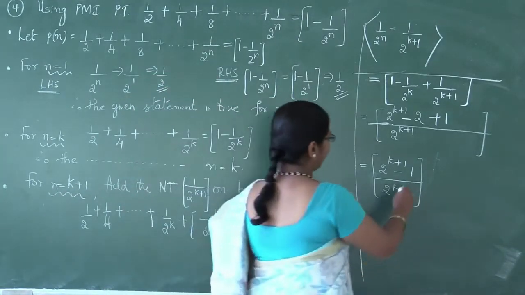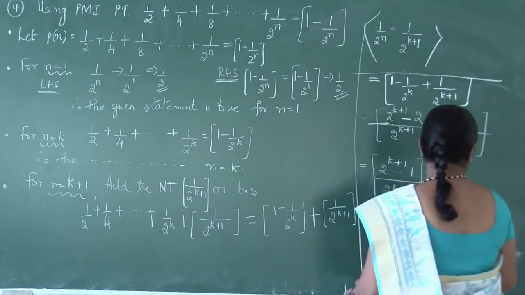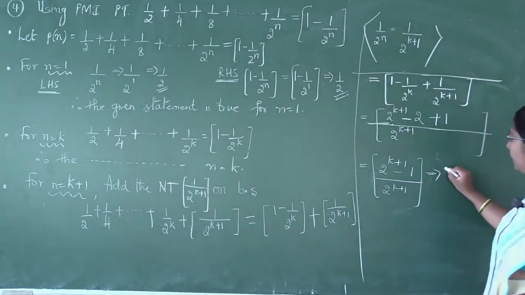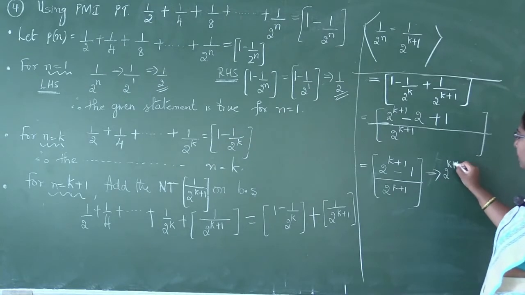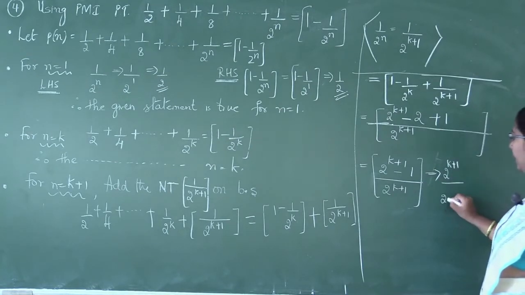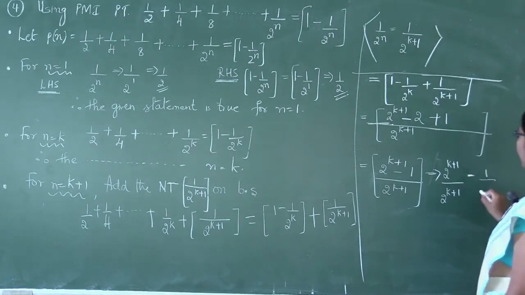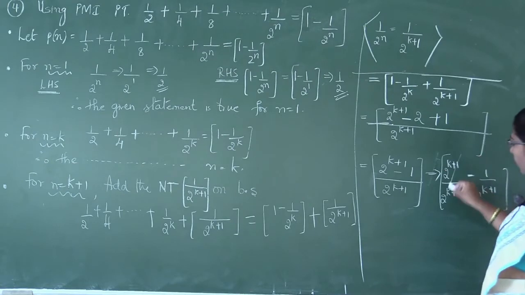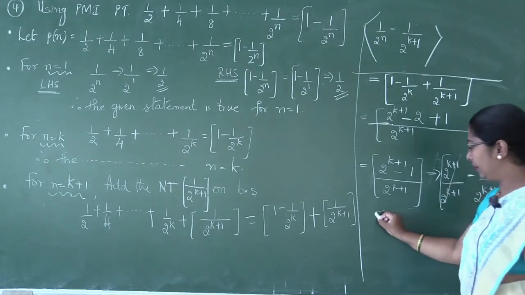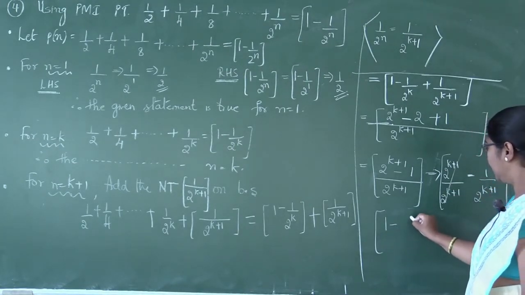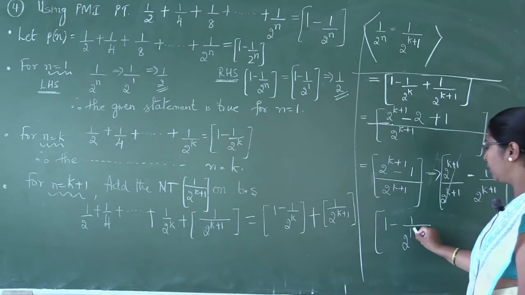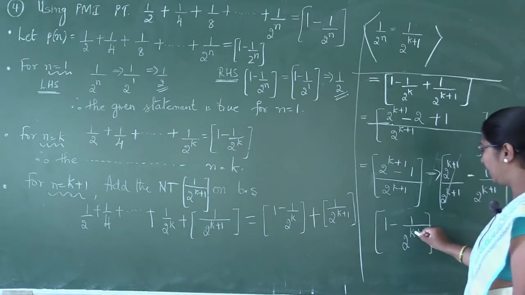So what do I get when I divide each term of numerator by denominator here? Observe, 2 power k plus 1 divided by 2 power k plus 1, minus 1 divided by 2 power k plus 1. Both get cancelled. So what remains? 1 minus 1 divided by 2 to the power k plus 1.